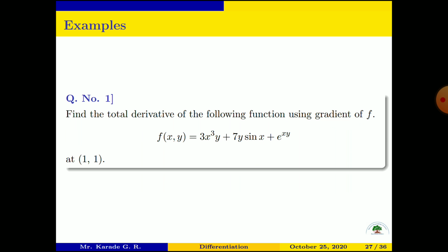So f of x comma y is equal to 3x cube y plus 7y into sin x plus e raised to the power xy at point 1 comma 1. So we have to find the total derivative of this function at point 1 comma 1. So we will find the total derivative.